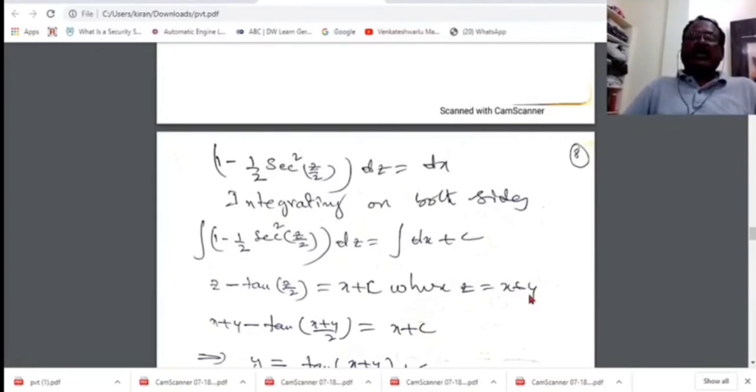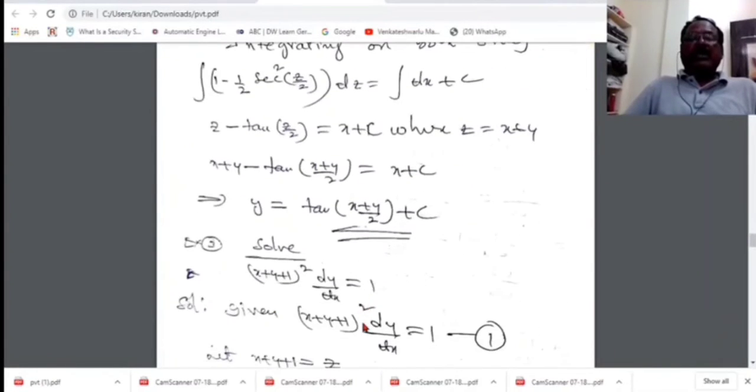Now substitute the z value: x plus y minus tan of (x plus y) by 2 is equal to x plus c. On both sides x cancels, so y is equal to tan of (x plus y) by 2 plus c.